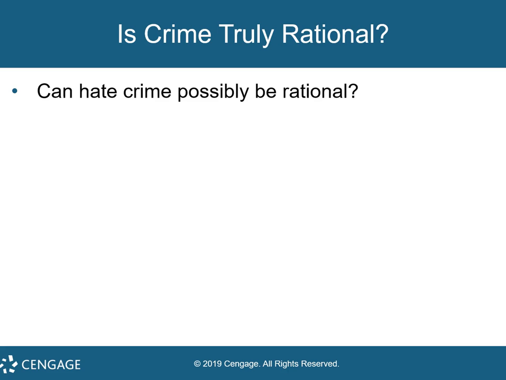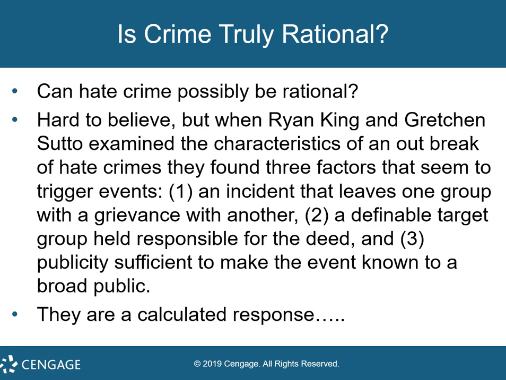An incident that leaves one group with a grievance against another, a definable target group held responsible for the deed, and publicity sufficient to make the event known to a broad public. All of these signs are kind of rational, wouldn't you say? Because they're a calculated response, if you will.